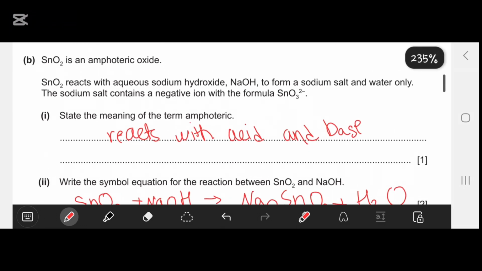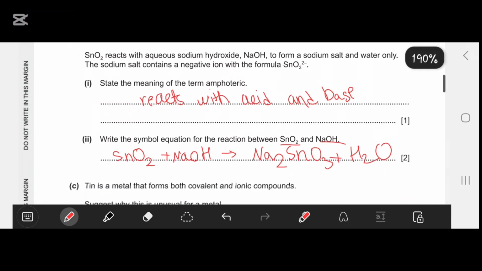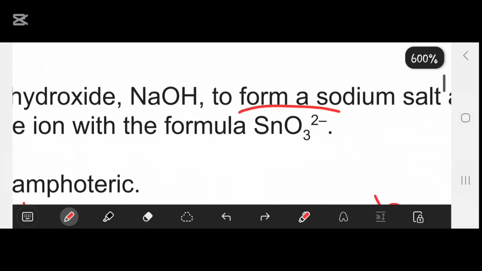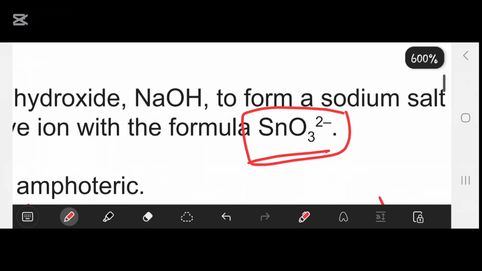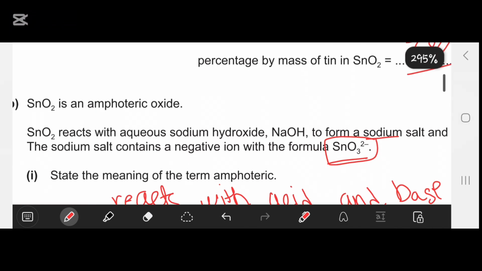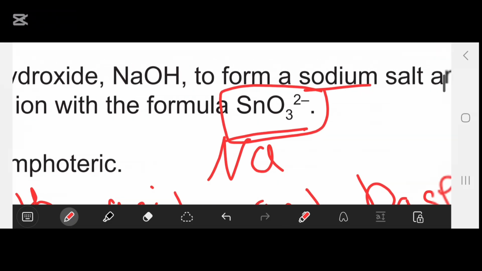Write the symbol equation between tin oxide and sodium hydroxide. Okay, so first of all he said we will have tin oxide with sodium hydroxide. Okay, normal. How about the salt that we will form? What will be the formula of the salt we will form? Okay, so we have this formula of tin. He said the salt will have this formula, and he said we will produce also water. Well, what about the positive sodium ion? It's easy. We will add only sodium.